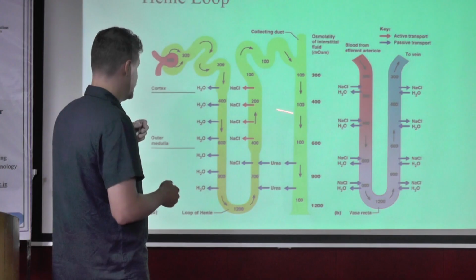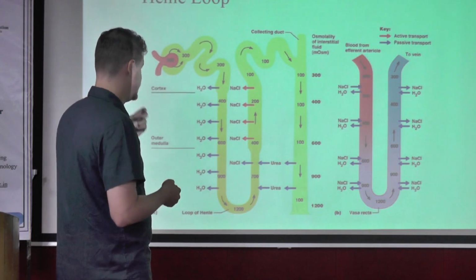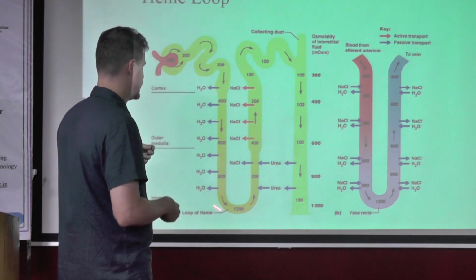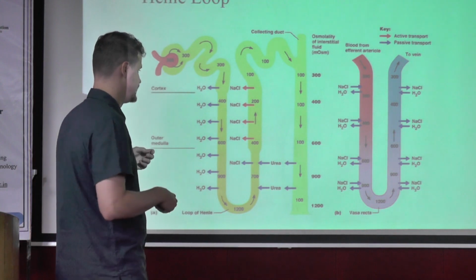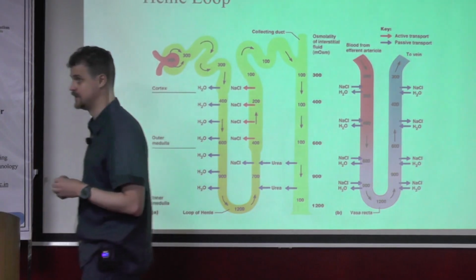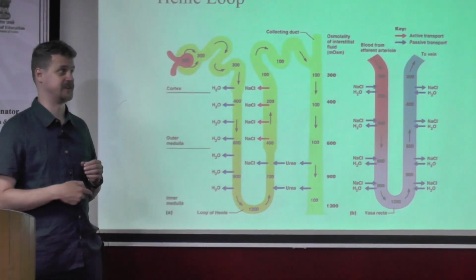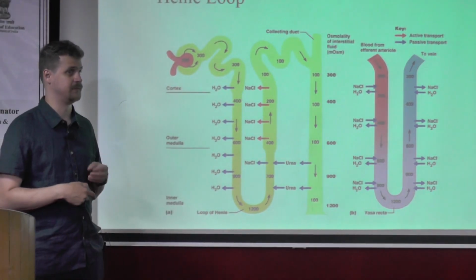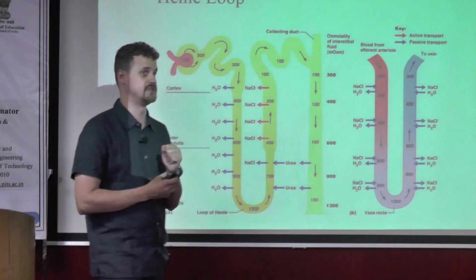Basically, the main idea why exactly we need to understand this transport is to understand if we can implement this particular type of transport in the microchip technology or kidney on chip.